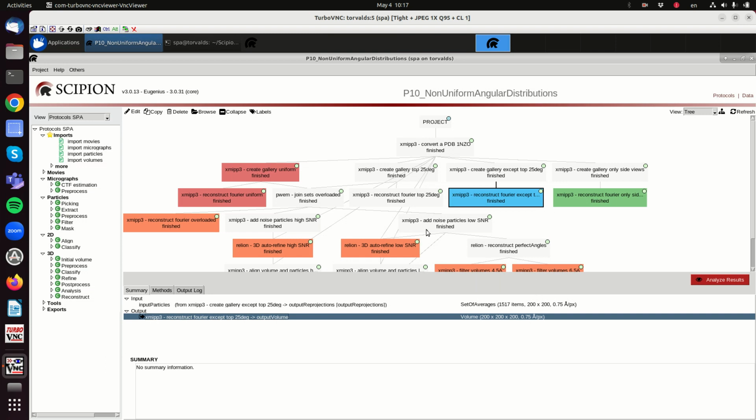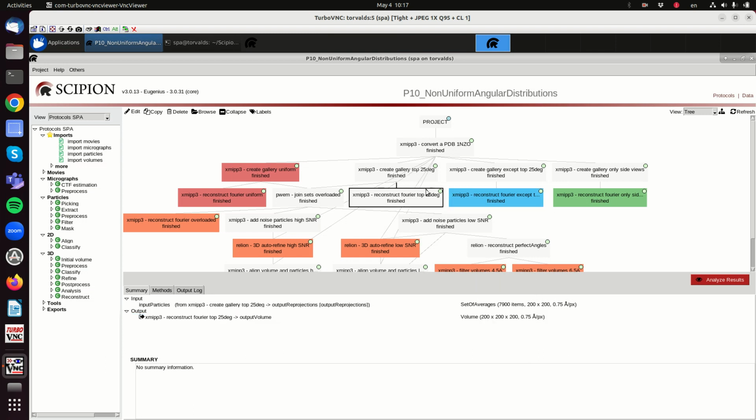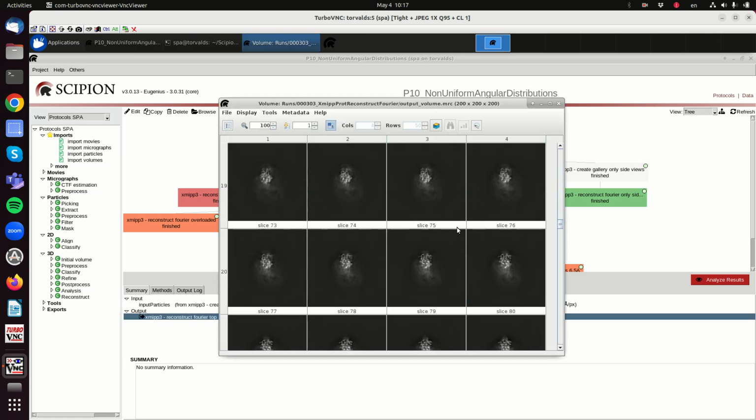What happens here? If we only have top views, from 0 to 25 degrees, now we look at the structure. From the top view, we start to see some kind of artifact around. Can you see? Here we have a kind of halo around, and some of the slices are very good. The central slices are very good because we have a lot of top views.